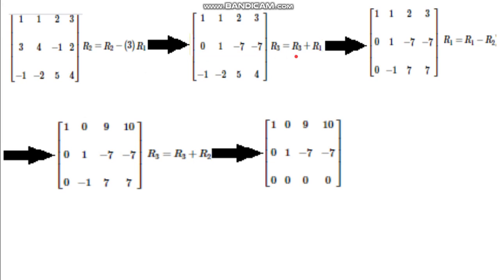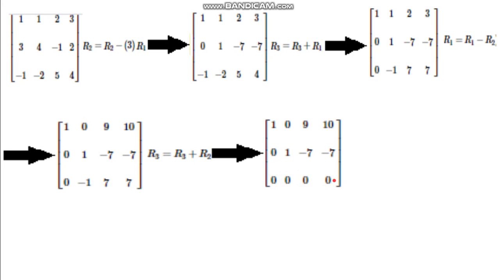Add the third row to the first row and store the result into the third row. Here's our result. And then subtract the second row from the first row and store it in the first row over here. And then add the third row to the second row, and we're going to get a row full of zeros.